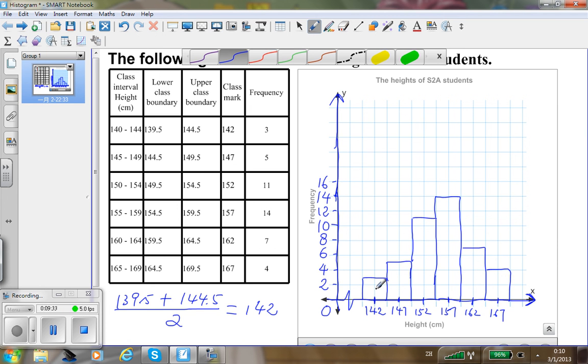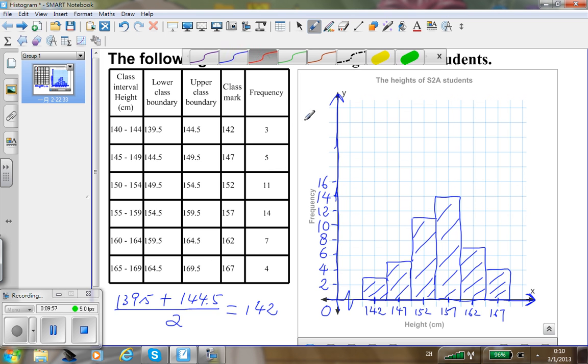Then we can shape the bars like that. Okay, and this is done. This is the histogram.